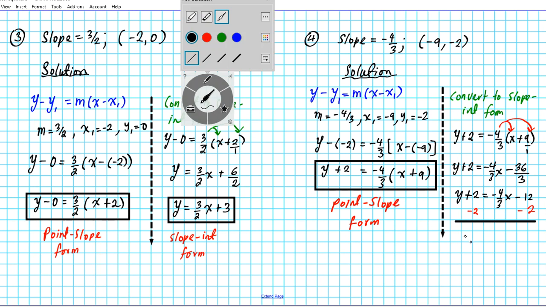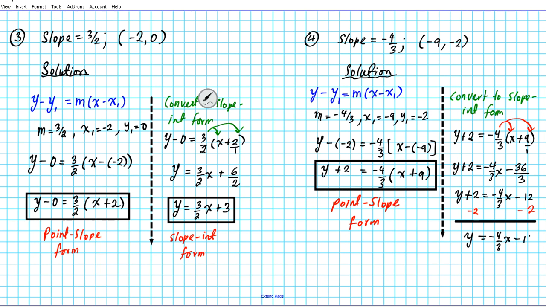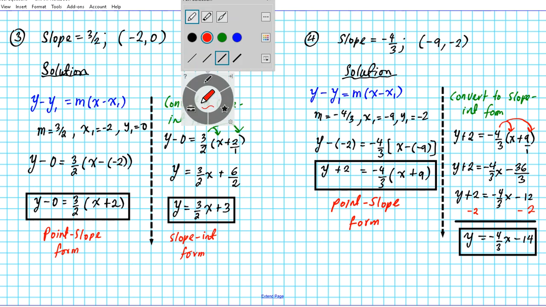So we have y plus 2 minus 2 is 0 equals negative 4/3 x minus 12 minus 2, minus 14. Alrighty, so ladies and gentlemen, we have the slope-intercept form of the equation of the line. Alright, so let's write it down. Slope-intercept form. Okay, let's take a look at question number 5.